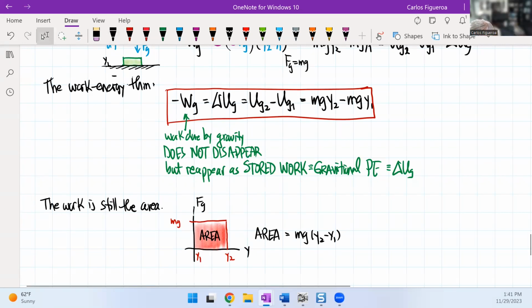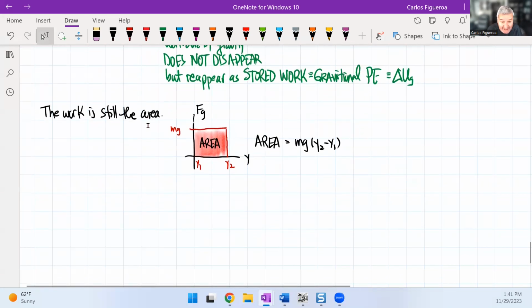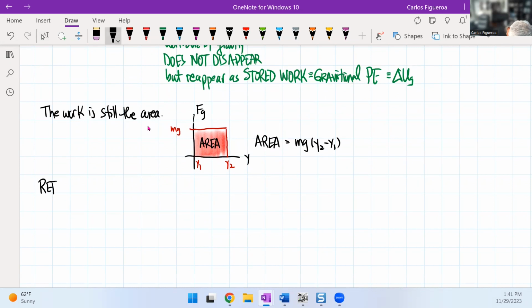So one of the trickiest things in this whole process is what actually are the reference points in potential energy. This can get really, really tricky.